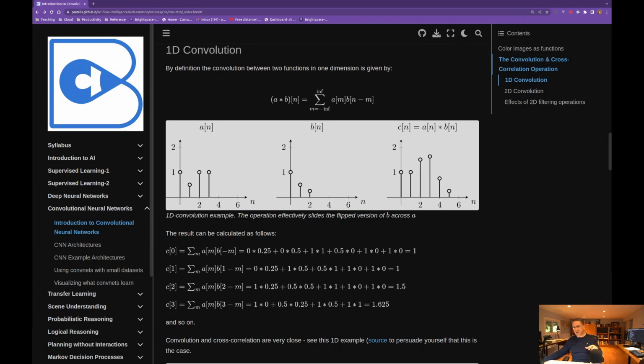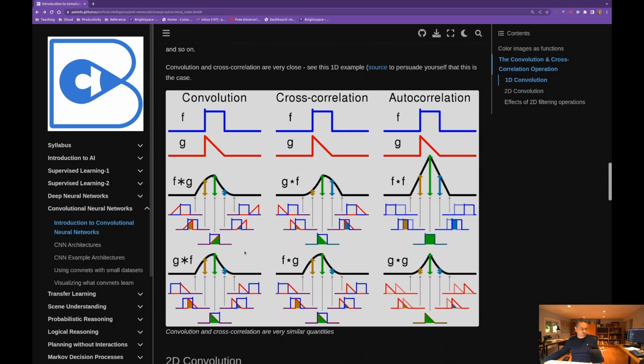With the exception that we flip in the time domain the signal y of t, the two operations, as is clearly shown on your site later on, result in identical results. And for our purposes, from a pure implementation efficiency perspective, we always prefer to implement them as cross-correlation, despite the fact that we refer to them as convolution operations.